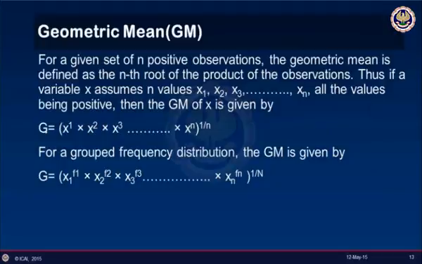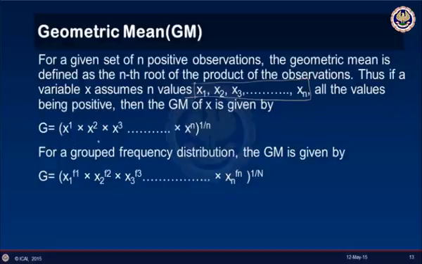For a given set of n positive observations, the geometric mean is defined as the nth root of the product of the observations. Suppose the variable x assumes n values x1, x2, up to xn, all positive.